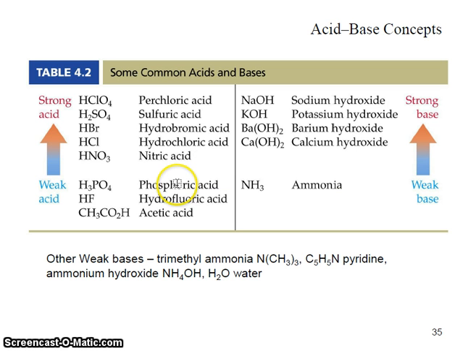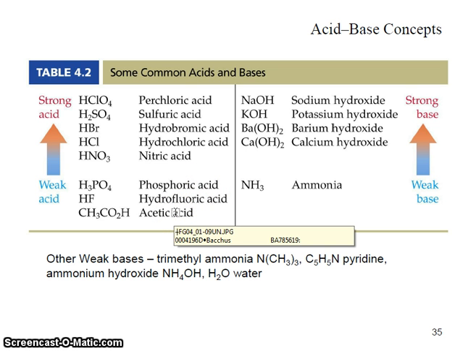But of course, if you have something like phosphoric acid, hydrofluoric, acetic, even though they end in ic, those can be weak acids because that's the only possible format that they form. So the rule that I was saying, that the ous acids are weak and the ic acids are strong, is only comparative.